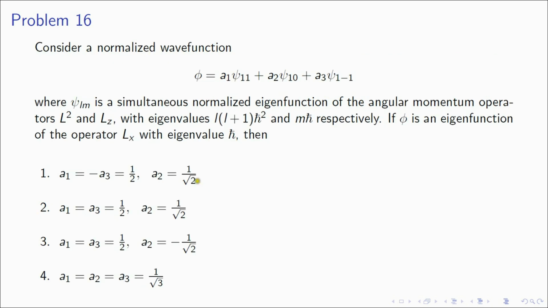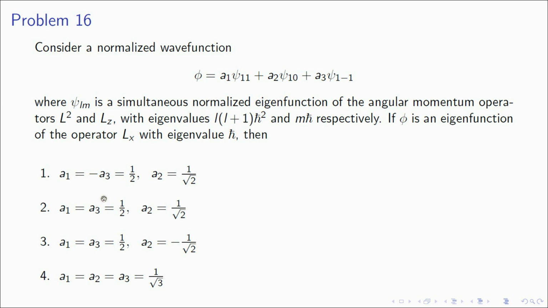Okay, the next one. It says consider a normalized wave function phi equal to a1 psi 1 1 plus a2 psi 1 0 plus a3 psi 1 minus 1, where psi lm is a simultaneous normalized eigenfunction of angular momentum L square and Lz with these eigenvalues. It says phi is an eigenfunction of operator Lx for what values of a?